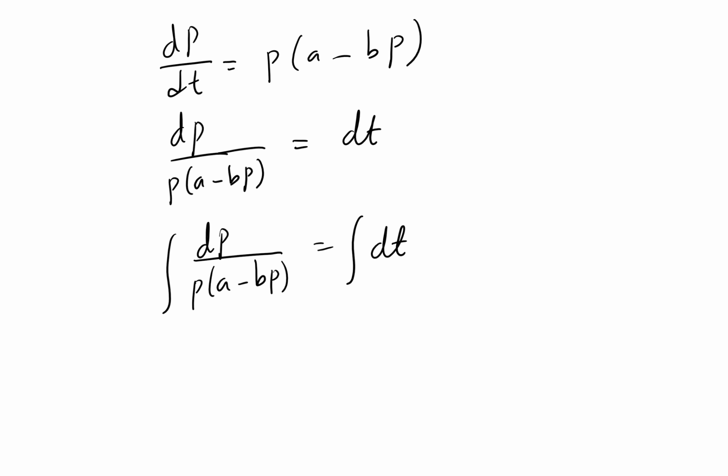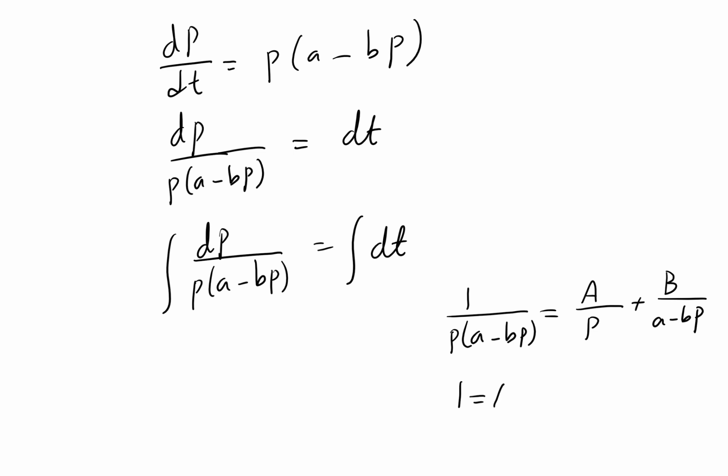We can do that work on the side. 1 over P times a minus bP equals capital A over P plus capital B over a minus bP. U-sub doesn't work. Then we multiply by the least common denominator.